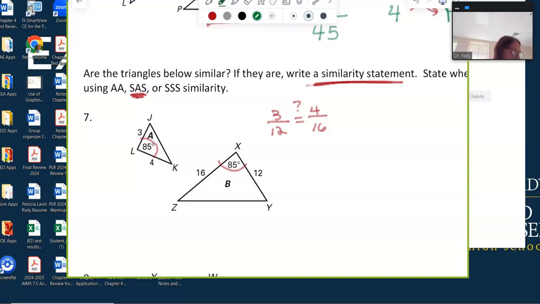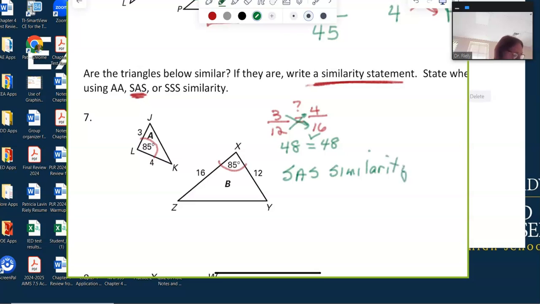If these are indeed proportional and these fractions equal each other, the cross products will be equal. Go ahead, 4 times 12, 48. And 3 times 16 is also 48. So that means that these are in proportion, and I have SAS similarity.